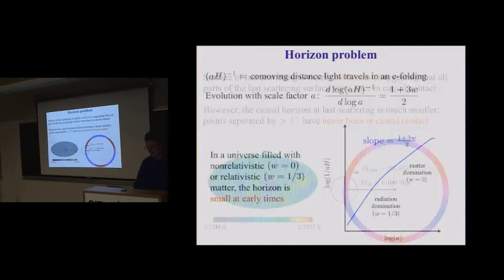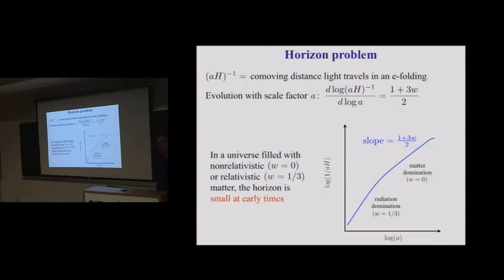So a way to be more quantitative about the horizon problem: if we plot 1 over aH, which is the comoving distance that light travels in an e-folding, the causal horizon would just be the integral of this. The Friedmann equations imply that this evolves with scale factor a, if we plot on log-log scale, such that the slope on this plot is (1+3w)/2, where w is the equation of state of the universe, the total pressure divided by the total energy density.